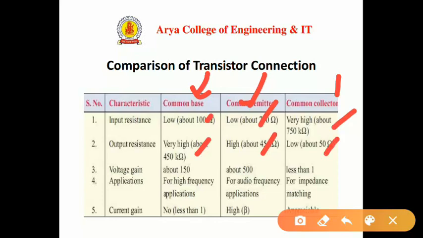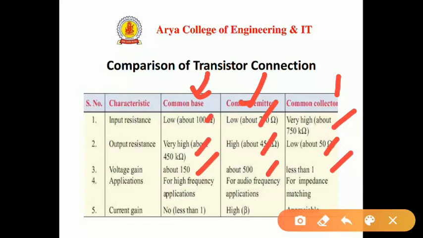So output resistance is low in common collector and very high for common base. We have voltage gain about 150 in common base and about 500 in common emitter and less than 1 in common collector configuration.